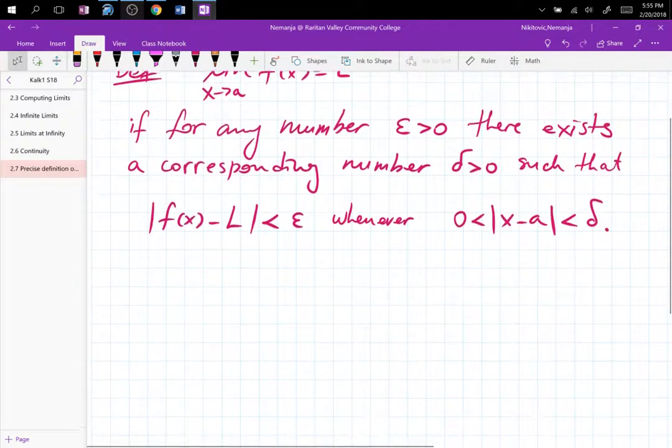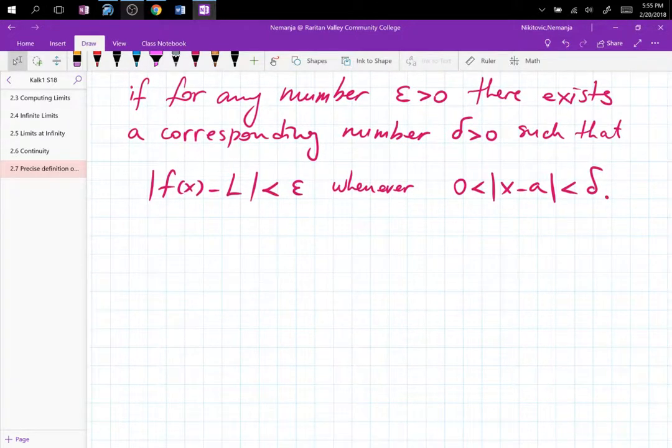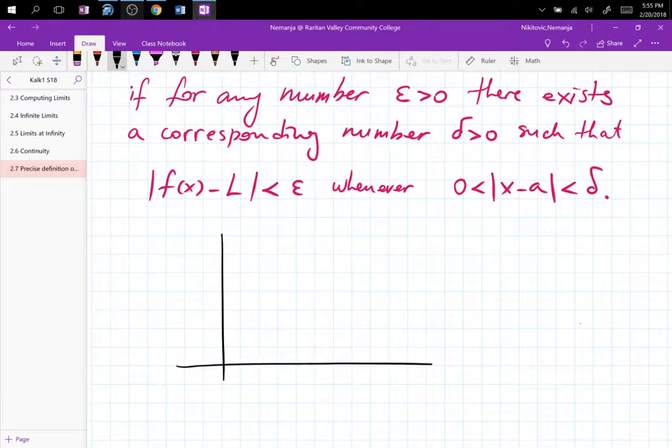Now, the way to understand this is to draw a picture and then talk about these epsilon and delta in terms of the neighborhood. Let's take a look. So I have some kind of function. This is my f of x.